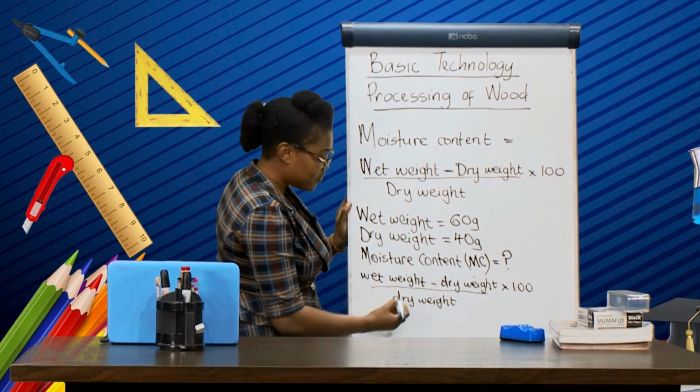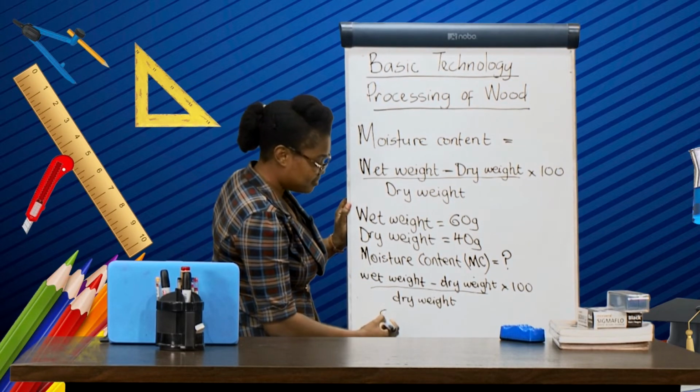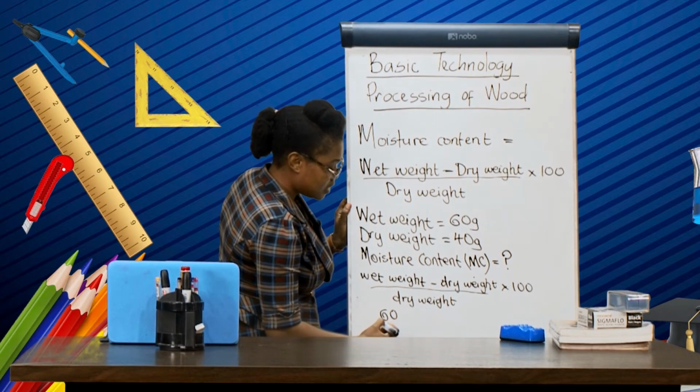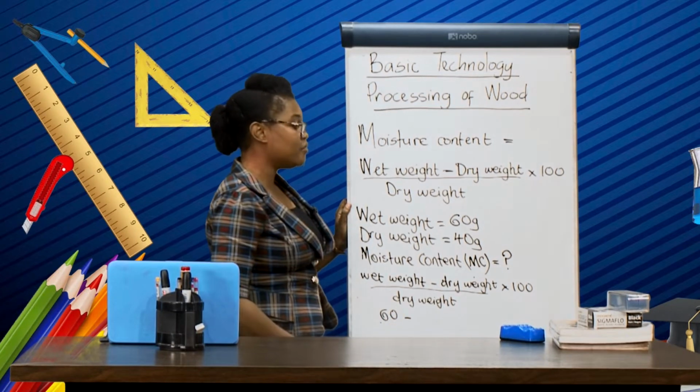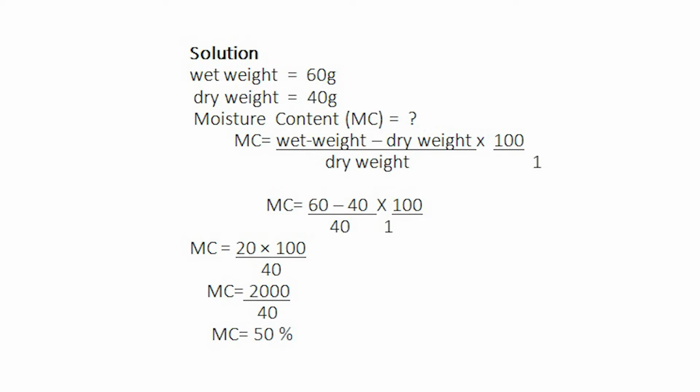Wet weight is 60 grams. Then we have our dry weight as 40 grams, all over our dry weight, which is 40, multiplied by 100. Now, 60 minus 40 will give us 20, all over 40, multiplied by 100.